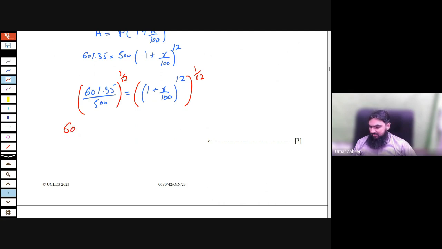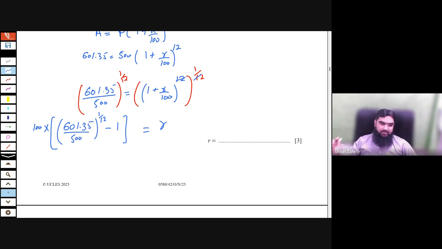I am just going to substitute this value at the end: 601.35 divided by 500, whole power 1 over 12, minus 1, and 100 is dividing, so it will be multiply. Yes, everyone, any question up here?